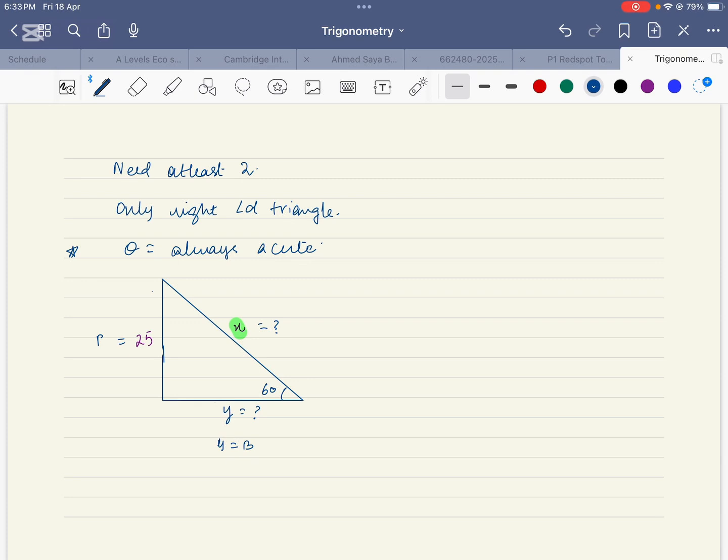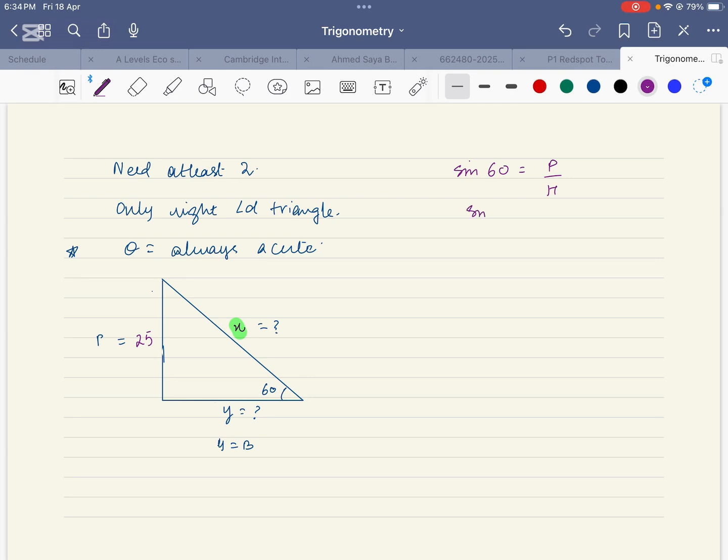The rule is we will use as many given values as possible instead of using the ones that we have calculated, because if one value is wrong, everything becomes wrong. So for x we can use sine 60. Some people have.